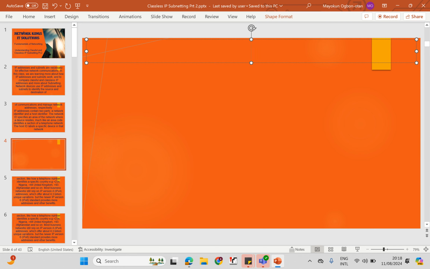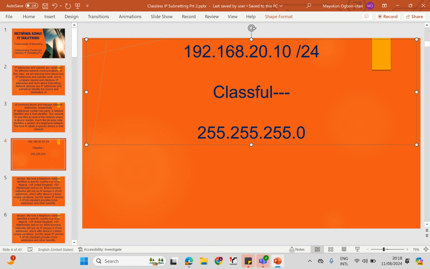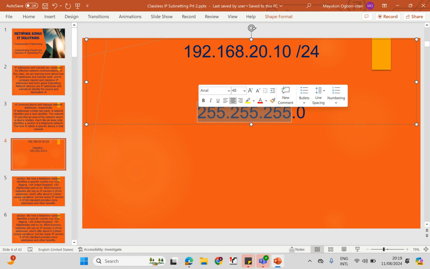If I have an IP like 192.168.20.10, we said that is a /24 IP. In classful, we know that since it's /24, the subnet mask will be 255.255.255.0. So the first three 255s are the network portion.